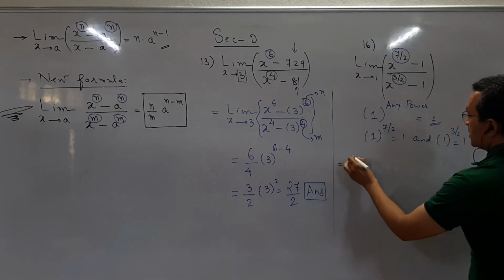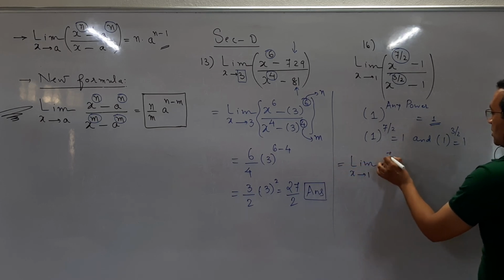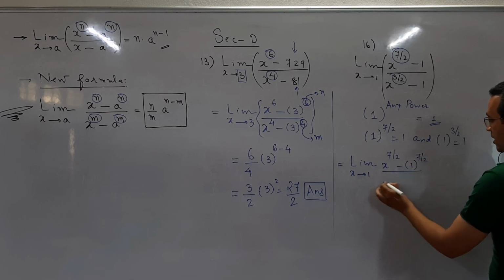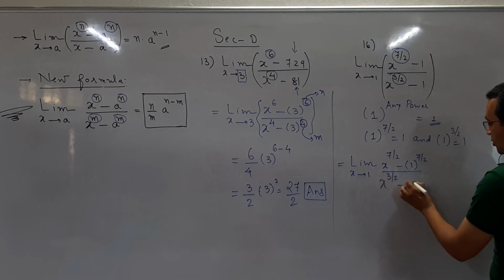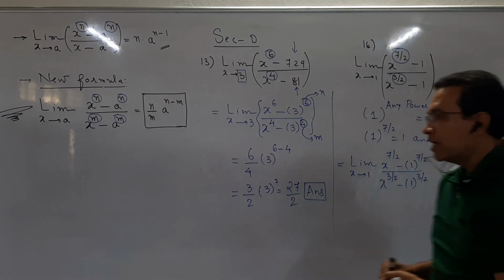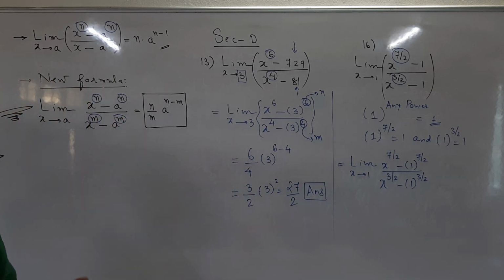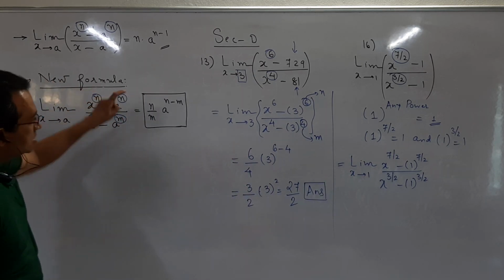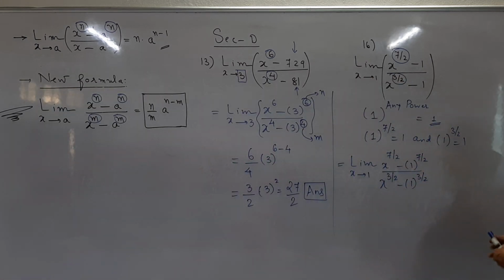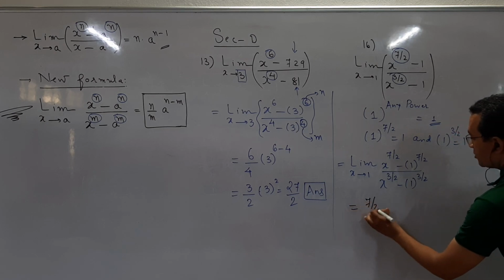So this is written as limit x tends to 1, x raised to 7 by 2 minus 1 raised to 7 by 2, x raised to 3 by 2 minus 1 raised to 3 by 2. 1 raised to any real power is always 1. So x raised to n minus a raised to n, x raised to 7 by 2 minus 1 raised to 7 by 2. So the answer is n, which is 7 by 2.